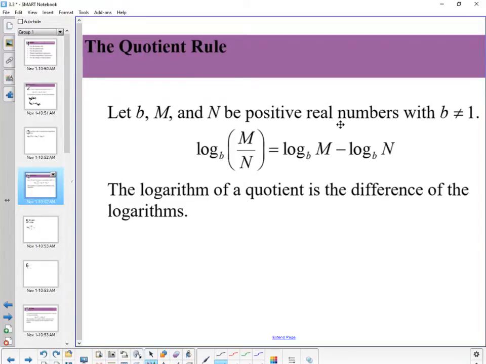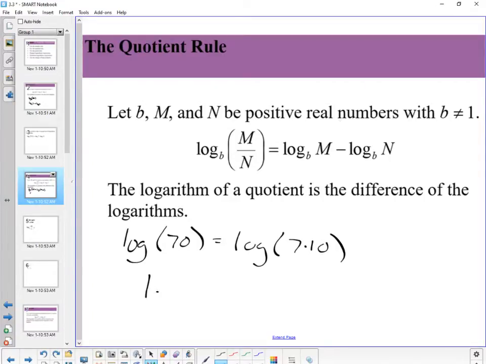Let's say that you have the log of, let's do 70. Let's do log of 70, okay? And we're trying to simplify log of 70. Here's what I know. I know that I could make this into log of 7 times 10, couldn't I?